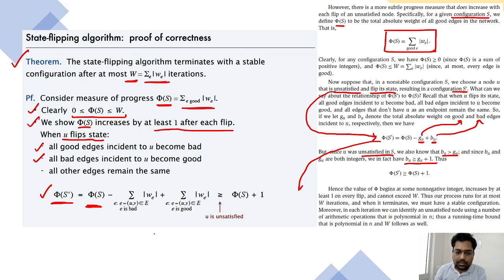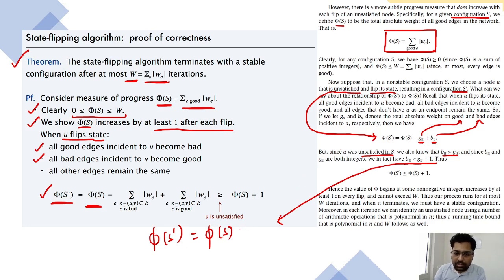So in this case, phi s dash, then phi s, as you follow this formula, where G_u is the good edges, then it is good edges plus 1. So good edges will be cancelled.